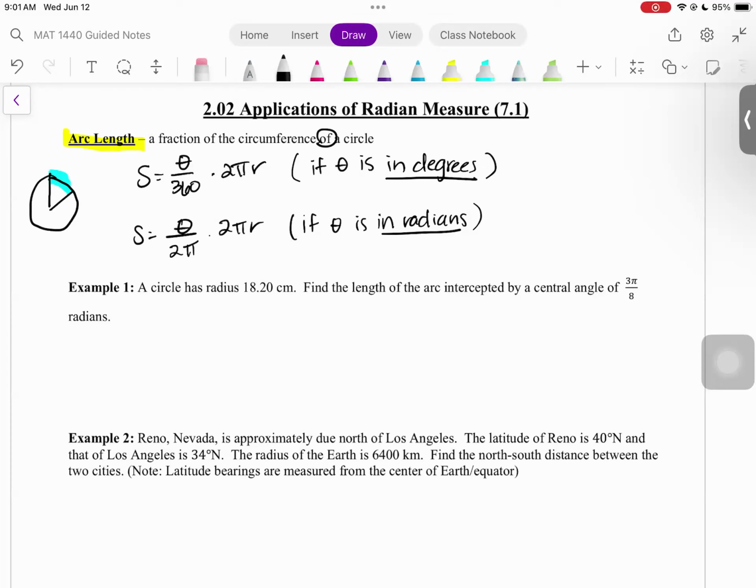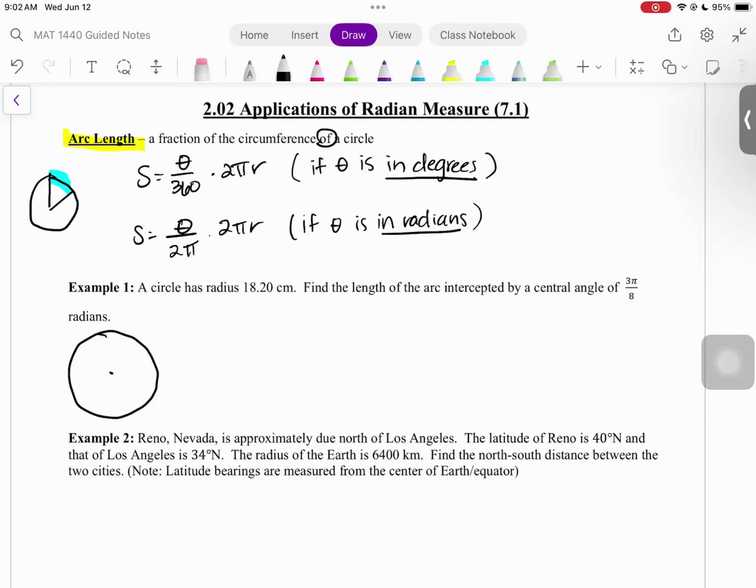If a circle has a radius of 18.2 centimeters, find the length of the arc intercepted by a central angle of 3 pi over 8 radians. Now, this is pretty straightforward, so I don't necessarily need to draw a picture, but we know that the central angle is 3 pi over 8, and the radius is 18.2.